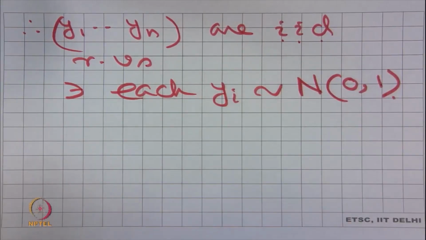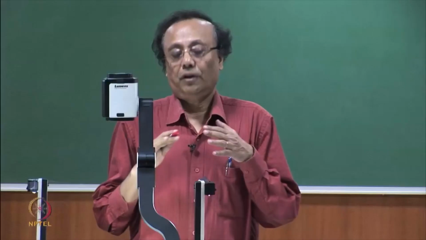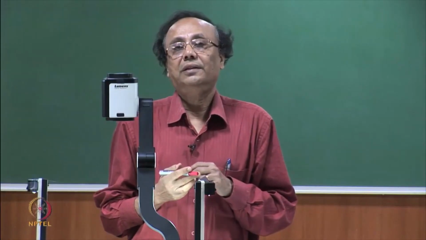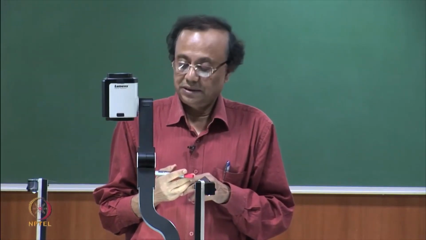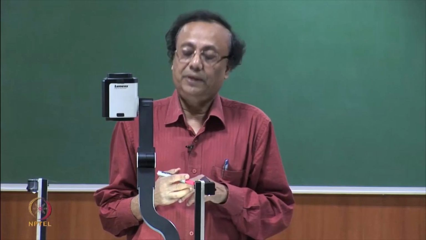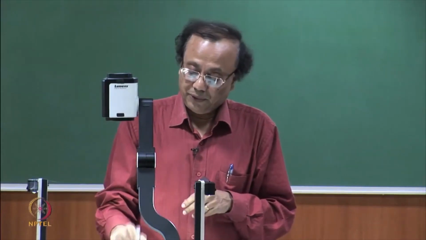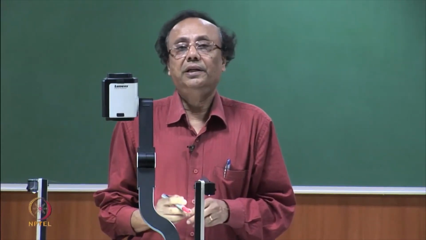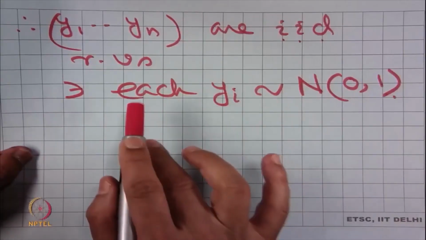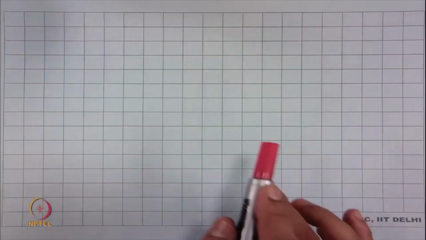So, the advantage of the particular transformation that I have made is that it converts from x1, x2, xn, each of which is normal mu sigma square, to y1, y2, yn which are independent and each yi is normal 0, 1.